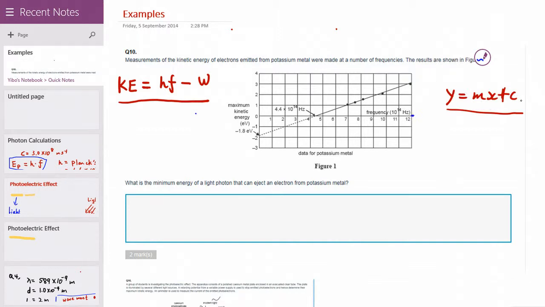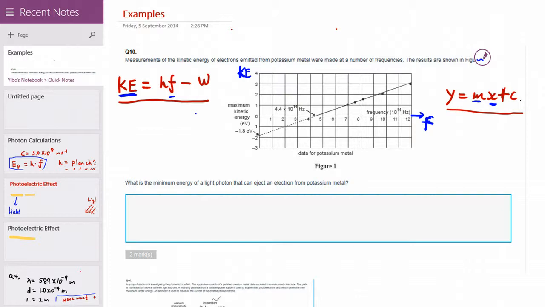The horizontal axis is frequency, so frequency is the x. The vertical axis is kinetic energy, so we have y as kinetic energy.